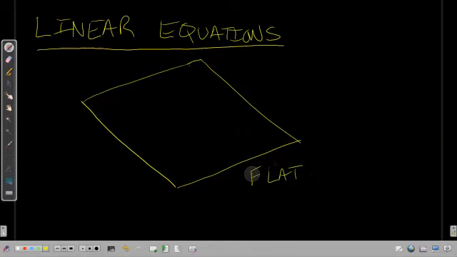Well, he just said, let me think about this hypothetical flat surface that extended in every direction to infinity.